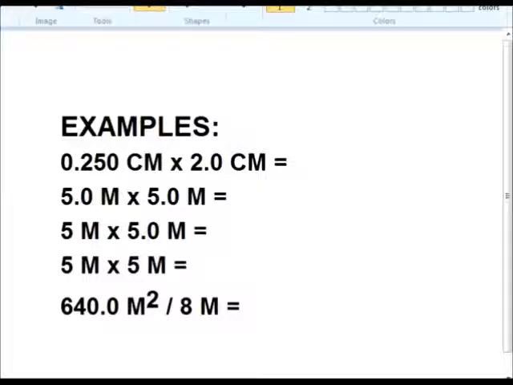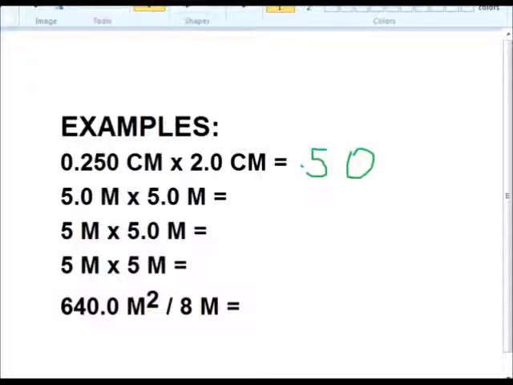The first number, 0.250, has 3 significant figures, and the 2.0 has 2 significant figures. So when I multiply them, my answer can only have 2 significant figures. That means I should end up with 0.50. Pardon my writing, not the best. But I can only have 2 significant figures because that's the least.